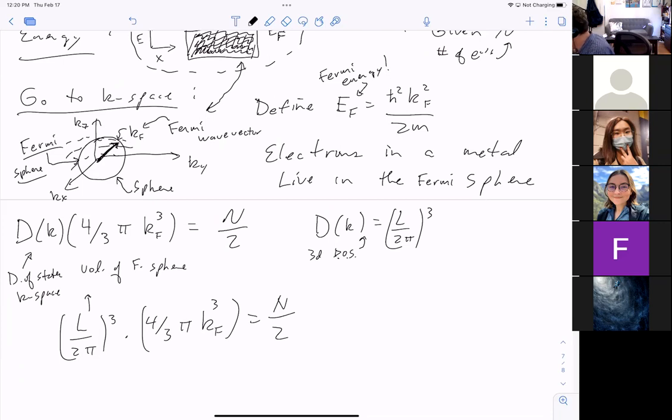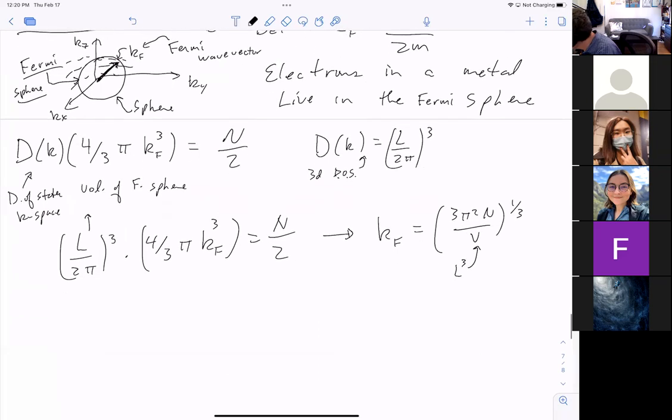Solve that in one line of algebra and you get that the Fermi wave vector is equal to 3 pi squared N over volume, which is L cubed, to the 1/3 power. And that's it. We got it. That's the Fermi wave vector.